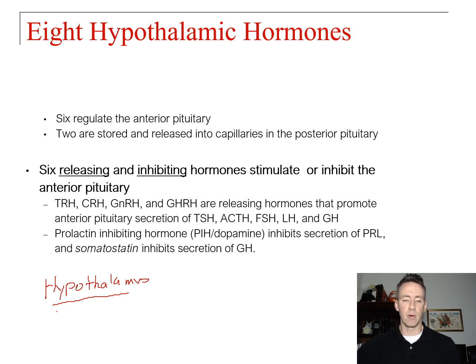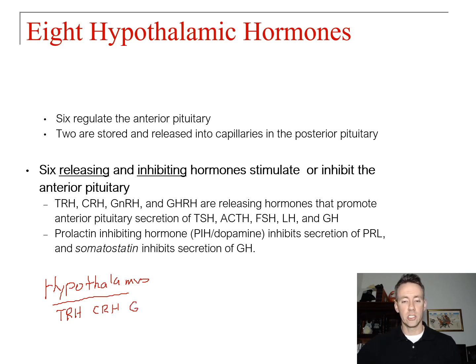For example, we have TRH, thyroid releasing hormone, which signals the anterior pituitary to release TSH, thyroid stimulating hormone. We also have CRH, corticotropin releasing hormone, to release ACTH from the anterior pituitary. So again, these hypothalamic compounds are going to signal the pituitary gland.